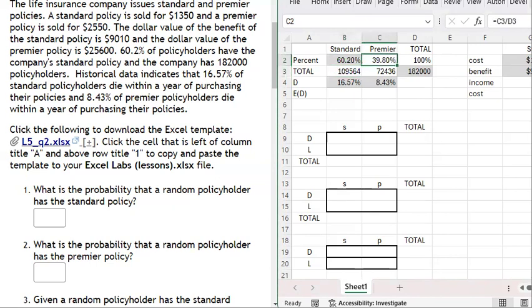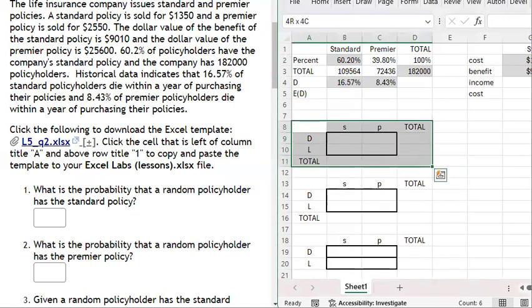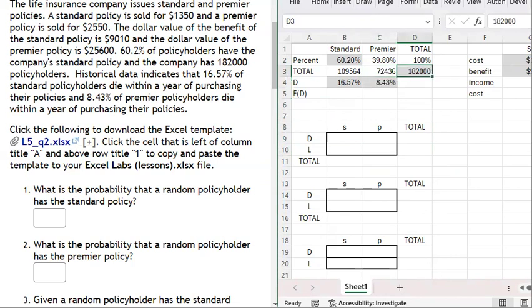Now, these two things are marginal probabilities: the marginal probability of standard and the marginal probability of premier. This right here is going to be our joint probability distribution. So let's go ahead and start filling this up. The total number of policyholders, our customers, is 182,000.